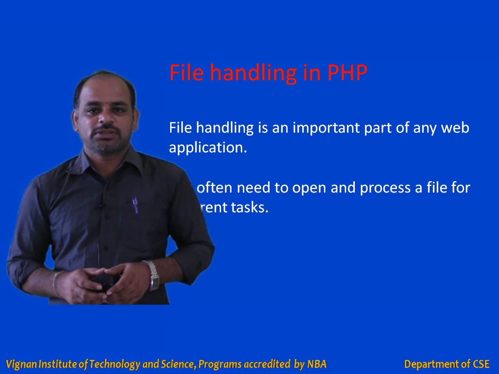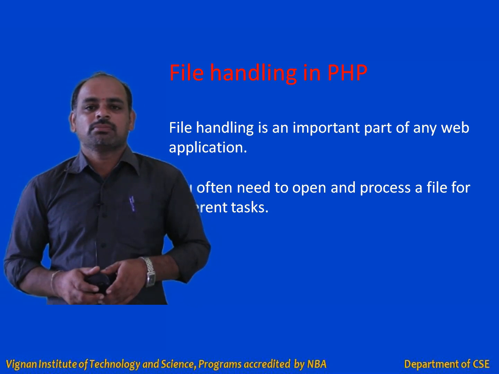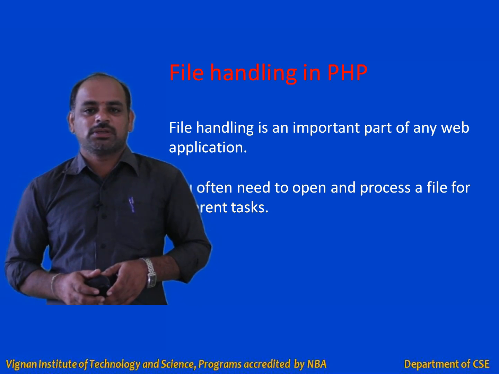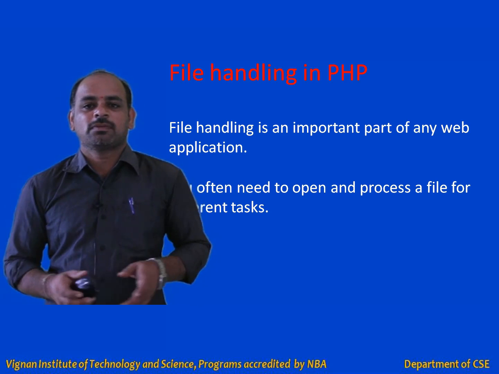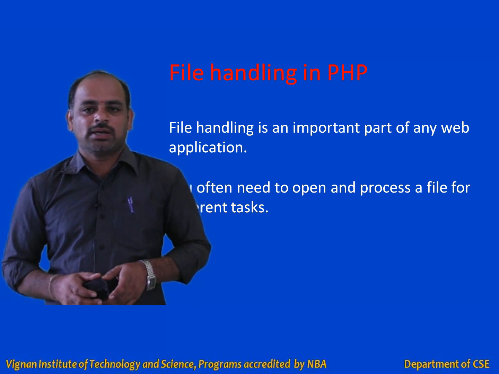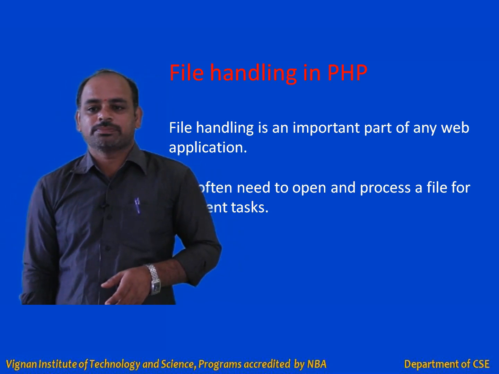These are the three basic operations. To perform all these steps, we have some predefined library functions in PHP which support file handling. So let us discuss those one by one.